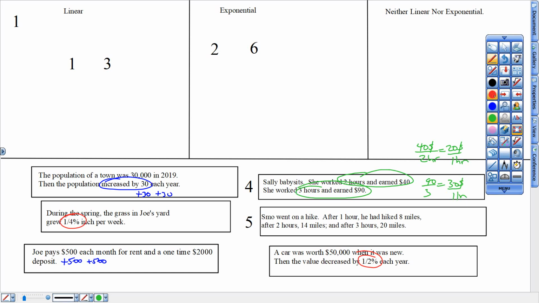Because these are not the same, I put this one in the neither category. If I would have had both be equal, like both would have been 20, then I would have put this guy all the way into the linear column, but it's not. So this one goes in the neither category.